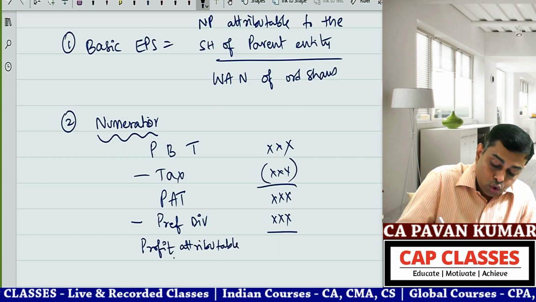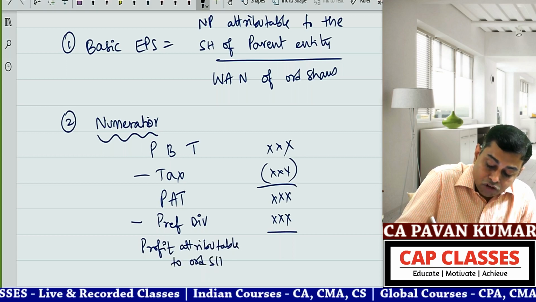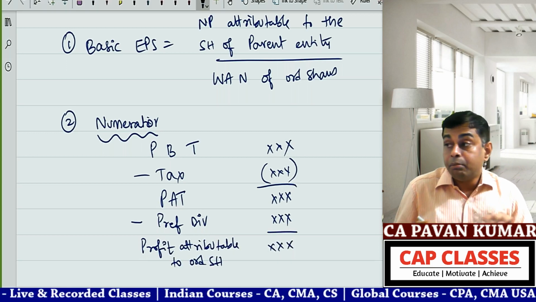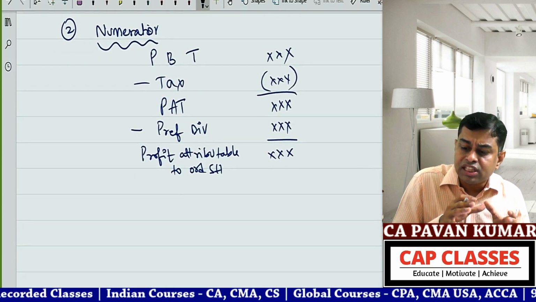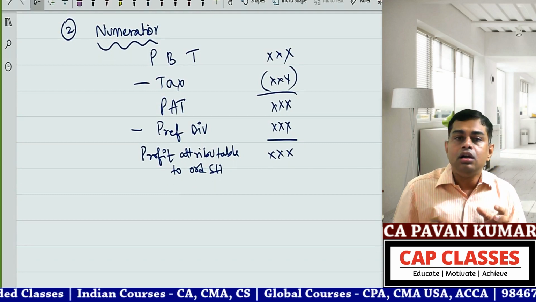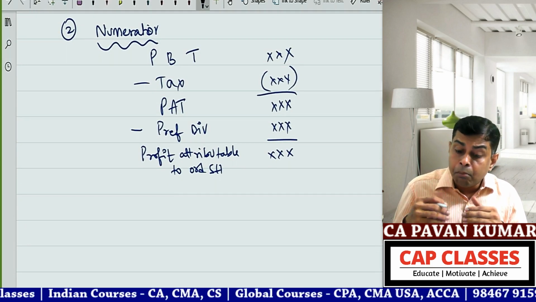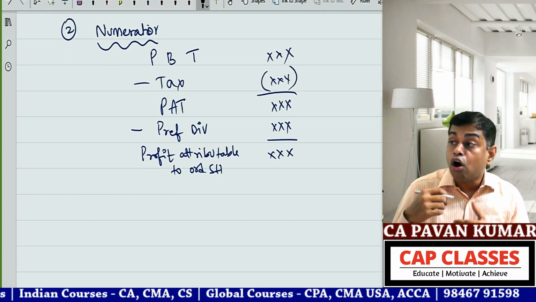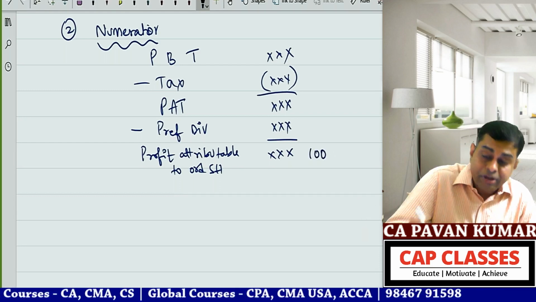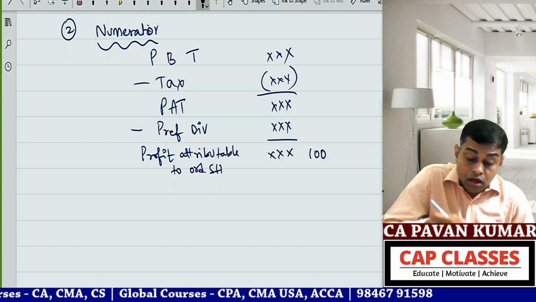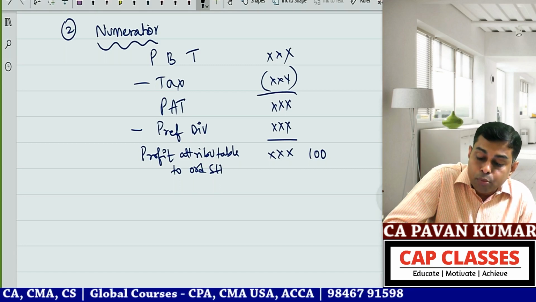Then this is profit attributable to ordinary shareholders. But this has 2 groups. One is 80% of this company belongs to parent. Remaining 20% is called minority interest or non-controlling interest. If this is say 100 rupees or $100, this should be split between 2 people.